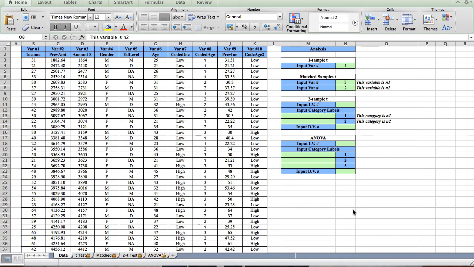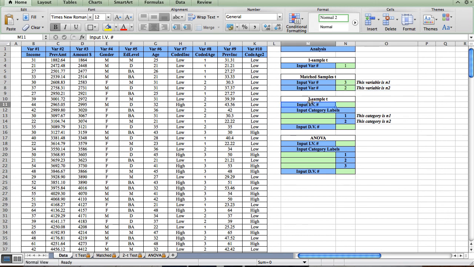Now let's look at an example of our two-sample t-test. Our two-sample t-test uses an independent variable that has two categories. And the two-category independent variable is going to create two groups of our dependent variable, which is quantitative.